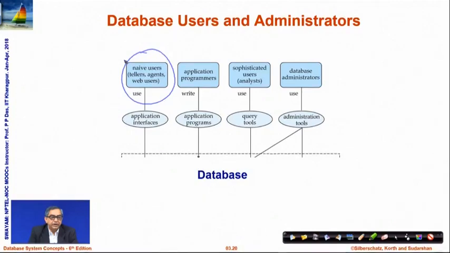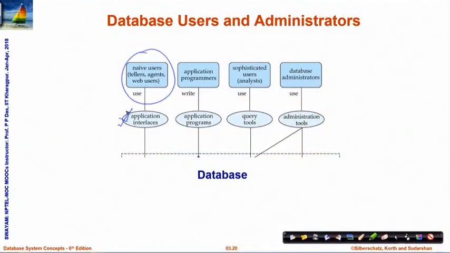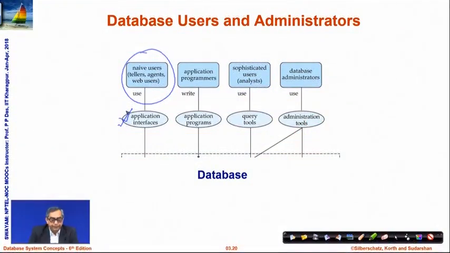That person does not know the database management system, but just needs to know the particular application. He knows a few sets of graphical screens, what needs to be filled up where, which button needs to be clicked and so on, and can use this database through an application interface. So, this is the lowest level of user.